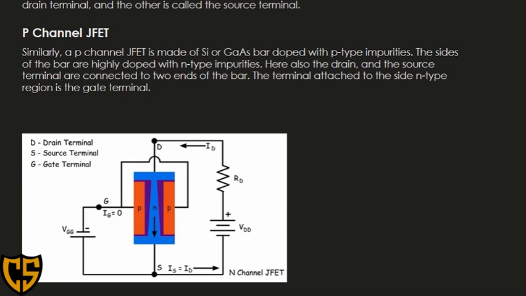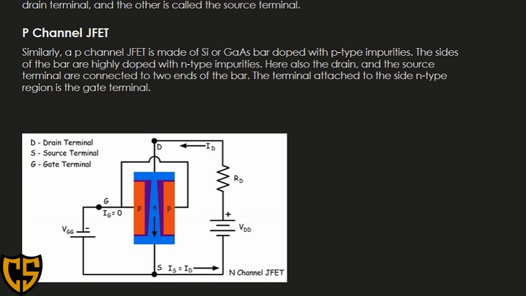Okay, so that's it for the N channel JFET. We also have the P channel JFET. They are basically similar. A P channel JFET is made of the same material, which could either be silicon or gallium arsenide bar, but doped with P-type impurities. The sides of the bar are highly doped with N-type impurities.